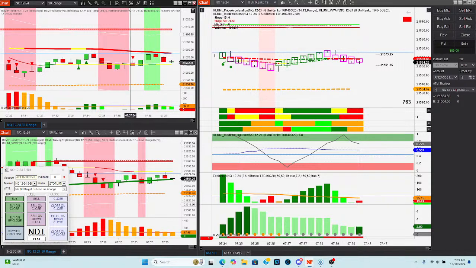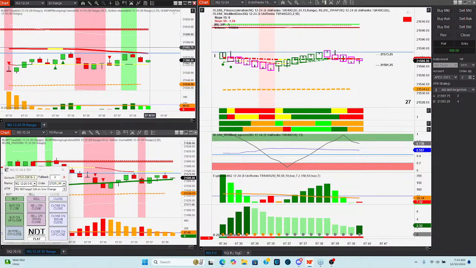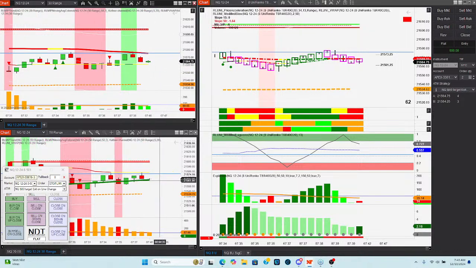And now, as these 30 range and 50 range start to squeeze together, we're going to get to a point where we want to see that, but we still want to see separation, because when these two lines get twisted together and tangled, it's untradeable.